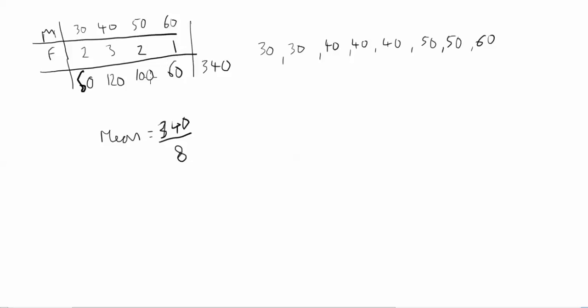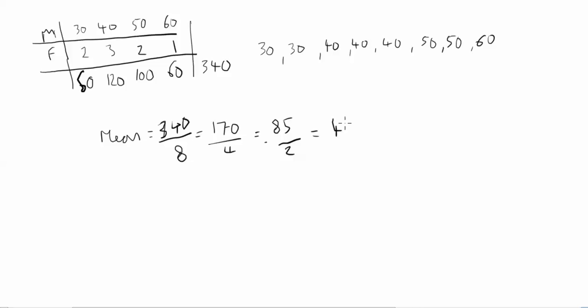I'm tempted just to cancel it down, so 170 over 4, which is 85 over 2, and half of it is 42.5 grams. Okay, so there's the mean, 42.5 grams.